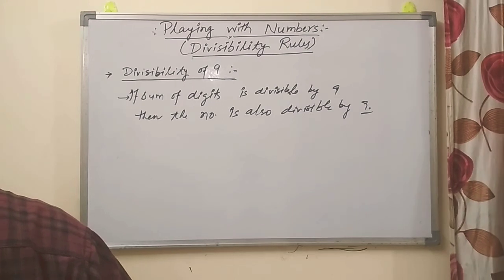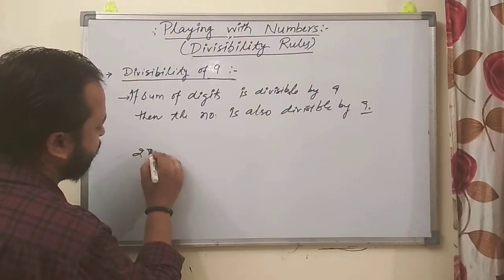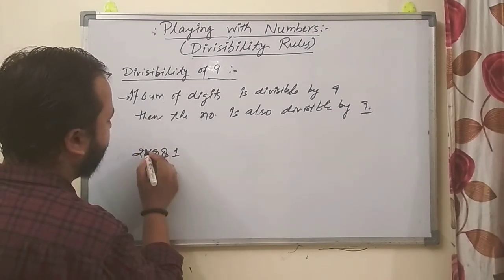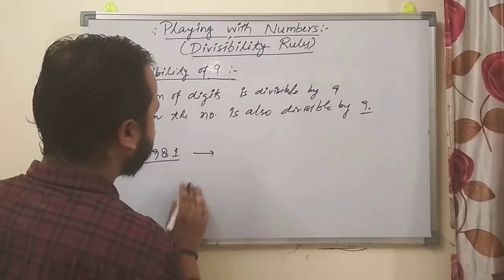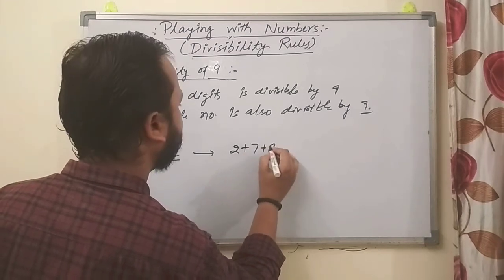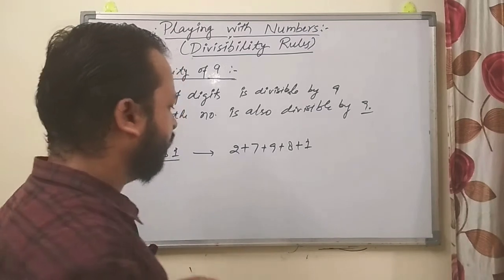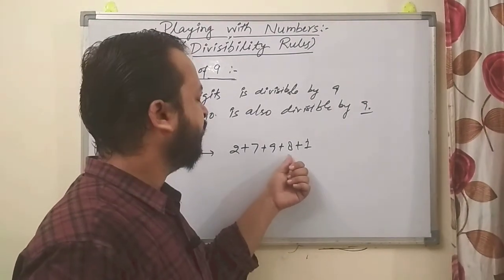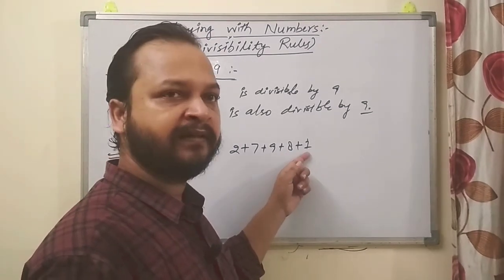Suppose the example is 27981. Add the digits: 2 plus 7 plus 9 plus 8 plus 1. 7 plus 2 is 9, 9 plus 9 is 18, 18 and 8 is 26, plus 1 is 27.